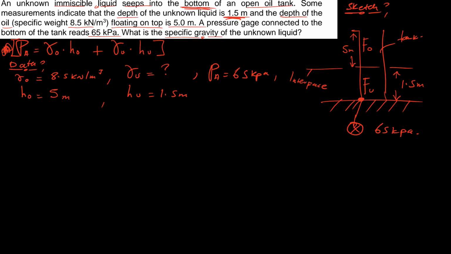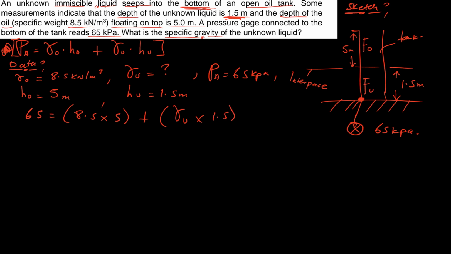Alright, now moving back to star, if we plug and chug, we have pressure at A, 65, being equal to the specific weight of the oil, which is 8.5, multiplied by the height, which is the thickness, 5, plus the specific weight of the unknown fluid, which we don't know, times its thickness, 1.5.